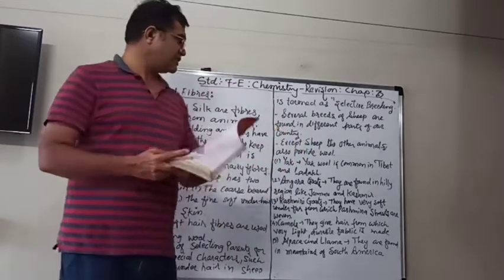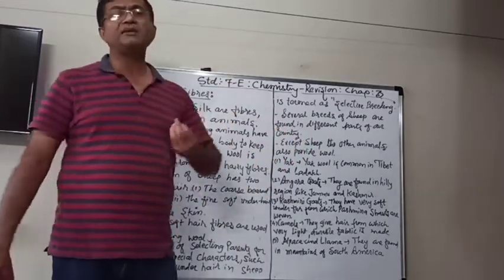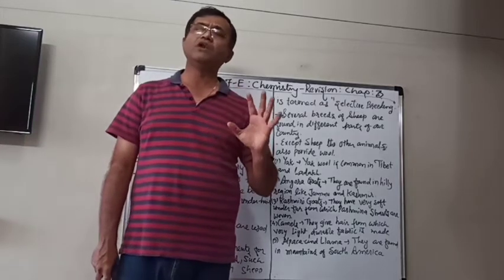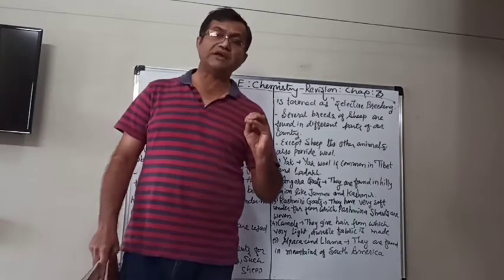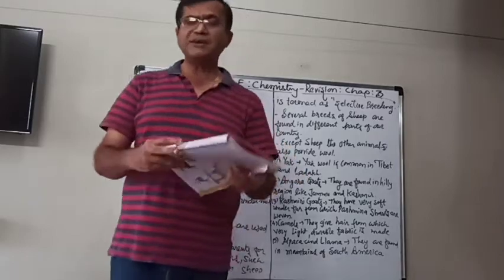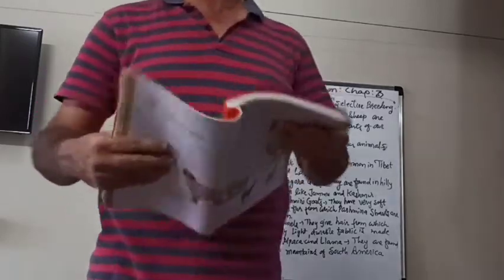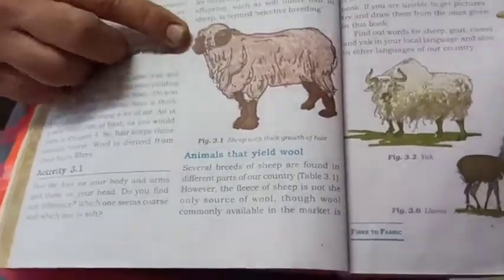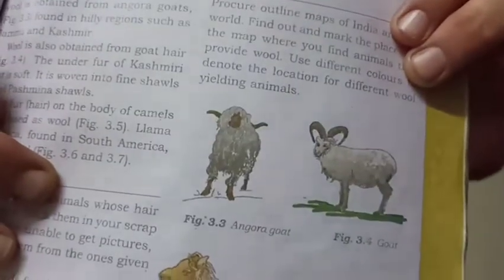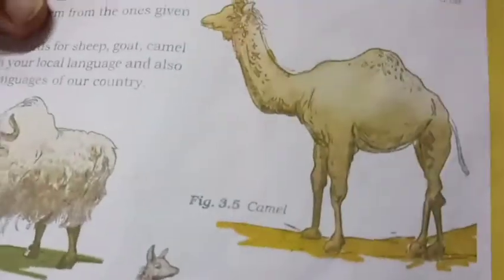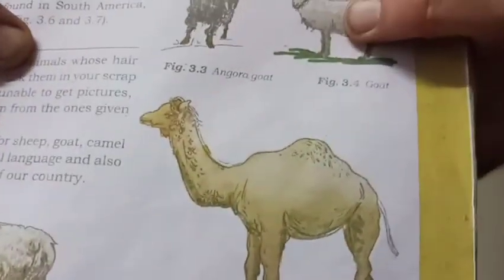So here you can see that there are some animals which are giving us wool, and they are very useful. In the picture you can see the different types of animals that are yielding wool. Like this is the sheep, and here you can see the Angora goat and the Kashmiri goat. Then everybody knows about the camel, I hope so.